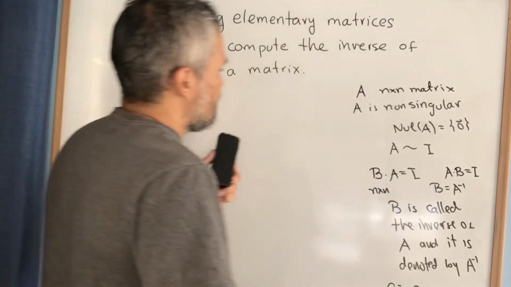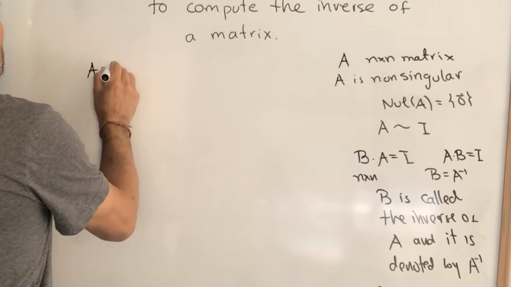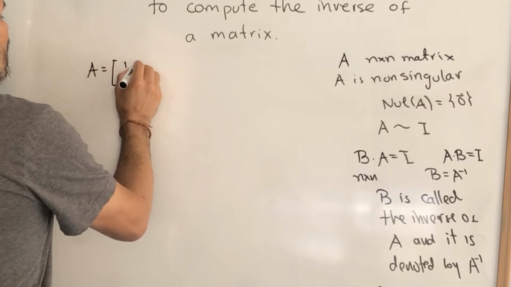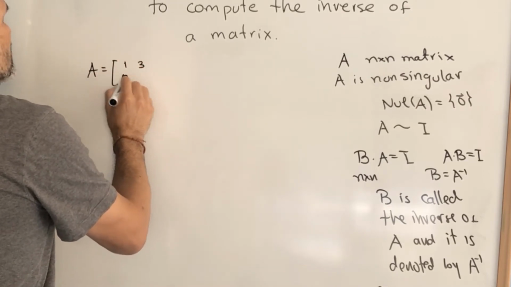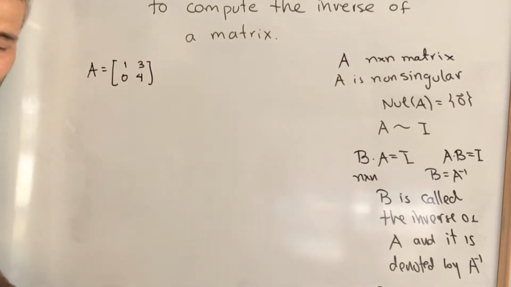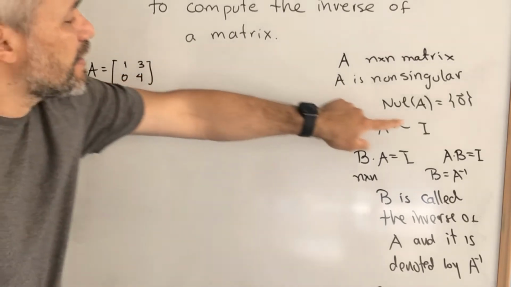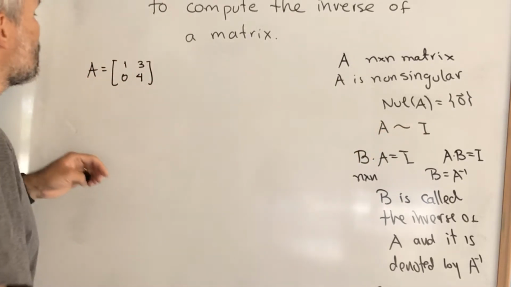Let's do an example. Let's suppose that we have the matrix A equal to 1, 3, 0, 4. Then let's do row reduction, and let's take it to the identity, but let's keep track of those changes.